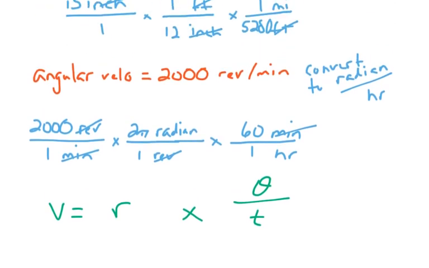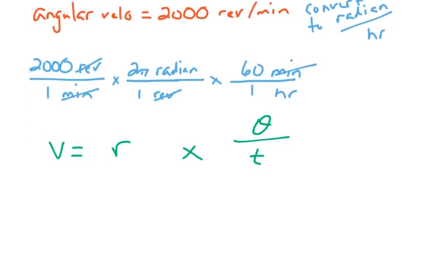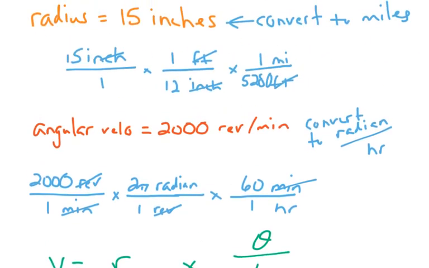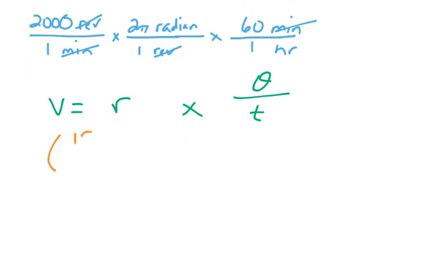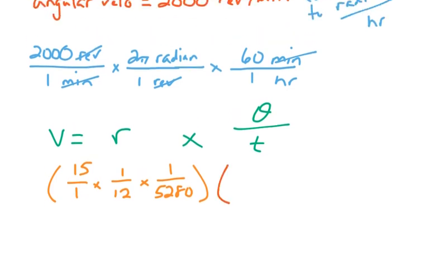So let's fill in what we know. We know the radius, and I'm just going to rewrite those 3 fractions without the labels. We don't necessarily need those. It's going to be 15 over 1 times 1 over 12 times 1 over 5,280. And this is going to be times our angular velocity.